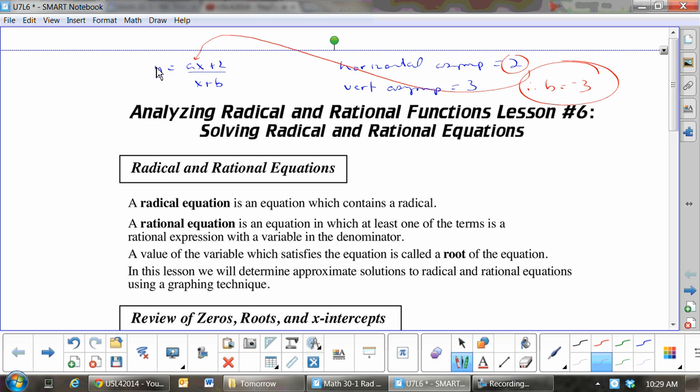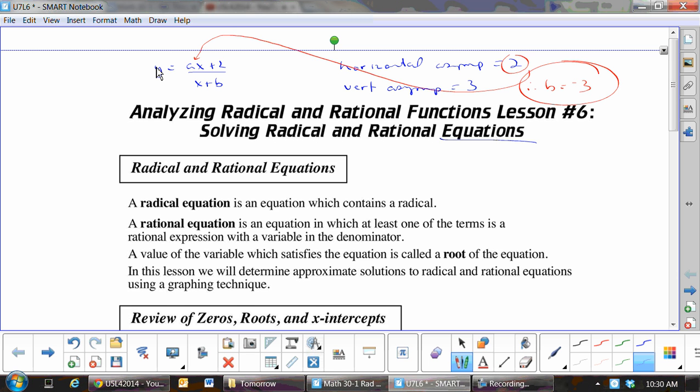So now we know that b would have to be negative 3, or else the asymptote wouldn't be 3. Okay? So we're going to be solving radical equations. If you look back, radical and rational, we haven't been doing equations. Now they equal something. We haven't been doing stuff that equaled anything up to now in this unit. But we're going to today.